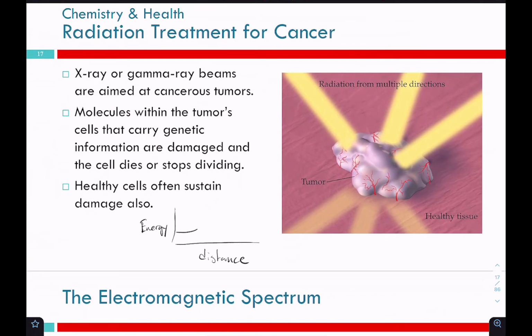But the energy spikes right before it stops moving. So if you know the density of all the tissues where you're going to be targeting the tumor, you can essentially adjust the energy of the gamma ray to stop right inside the tumor, where it would release all the energy. So those are the two ways to do that.